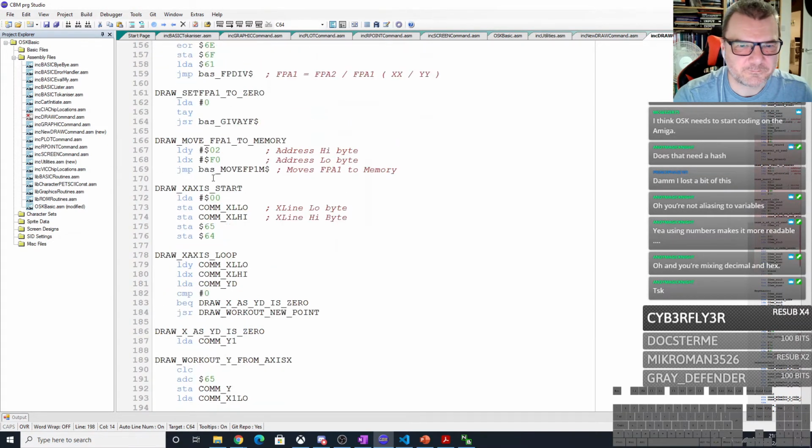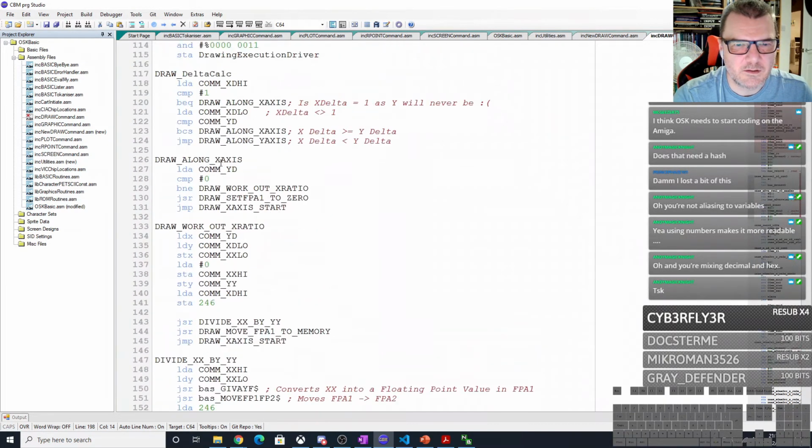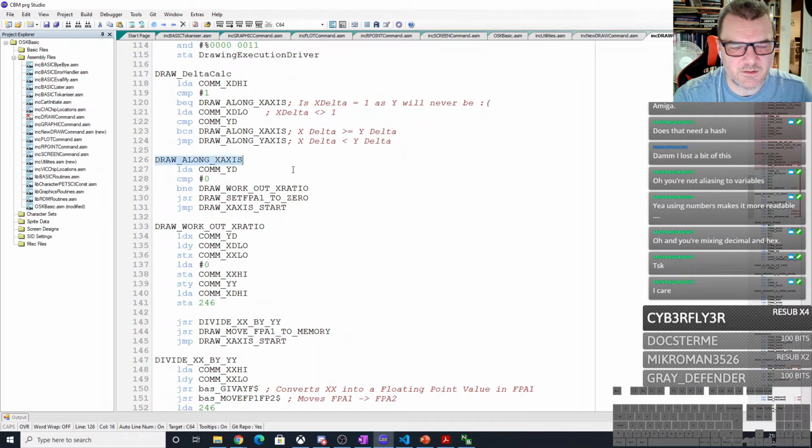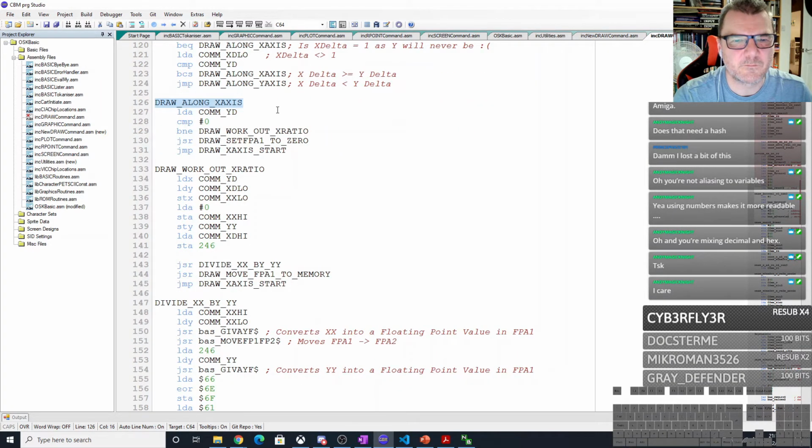So, this draw routine. So the X draw routine needs to be... Okay. The X draw needs to be recalculated. So we're drawing along the x-axis. So we load the difference, we compare it with 0.